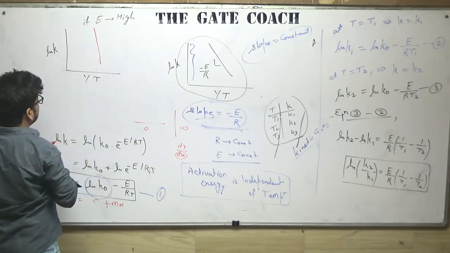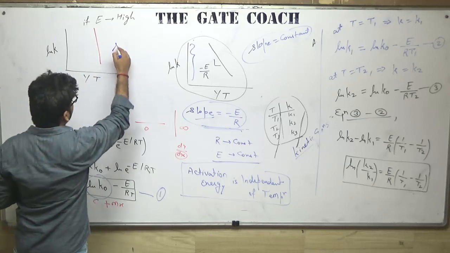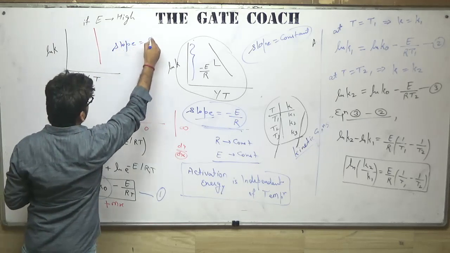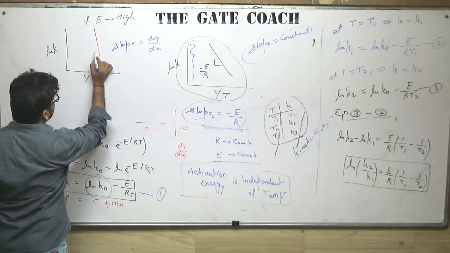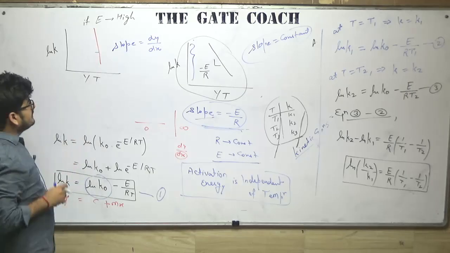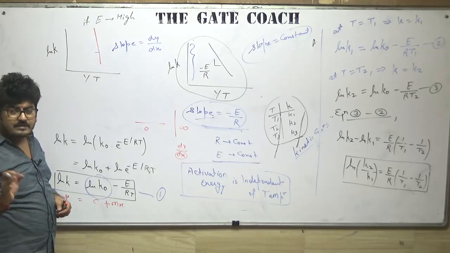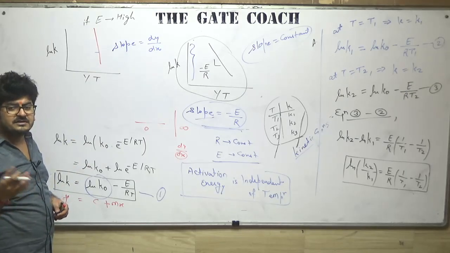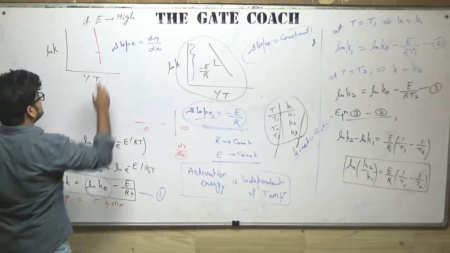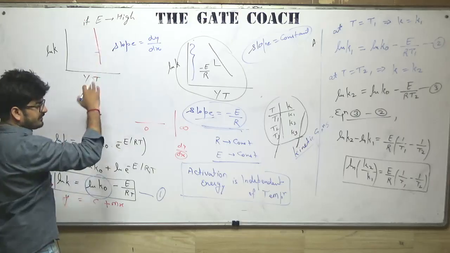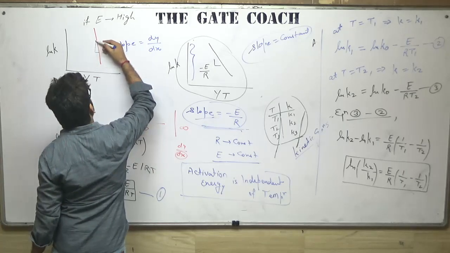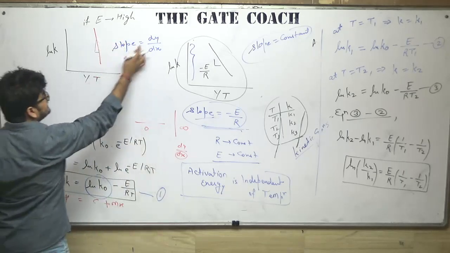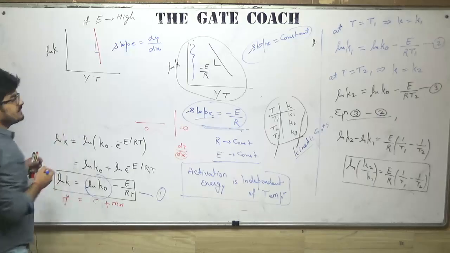And what is the slope? We know that the slope is dy over dx. So here you can see that for any chemical reaction, if the activation energy is high, then the curve will be like this. It will be more steep, and the slope, that is dy over dx, will be like this.